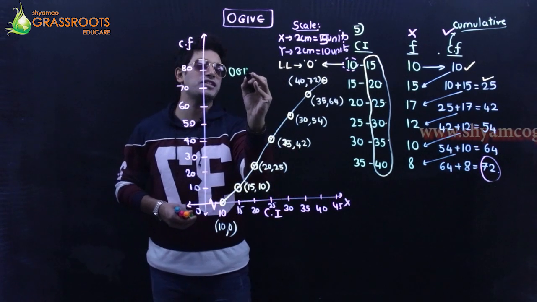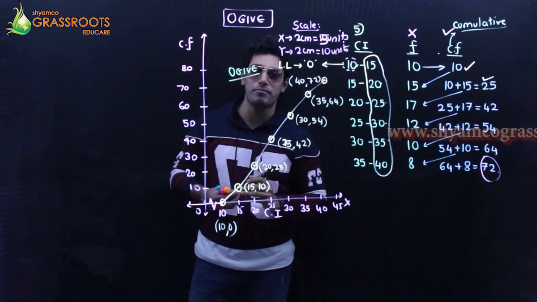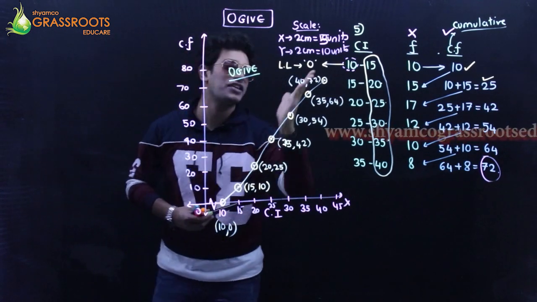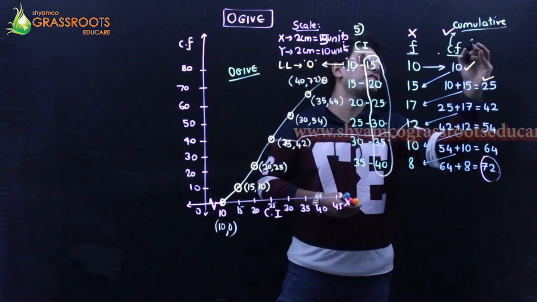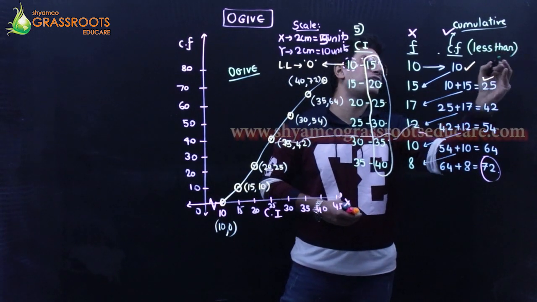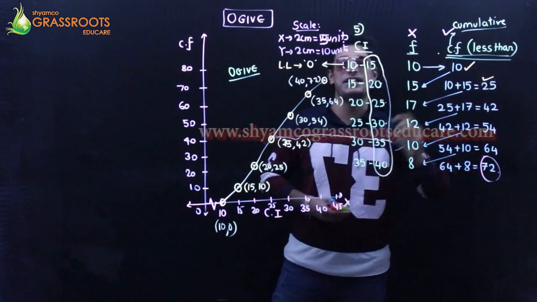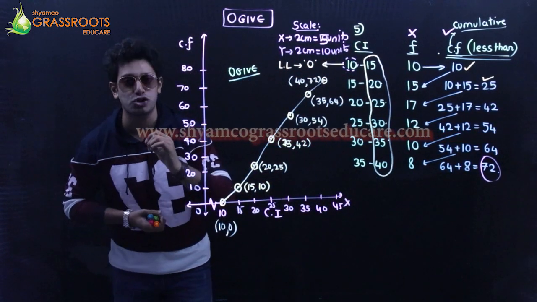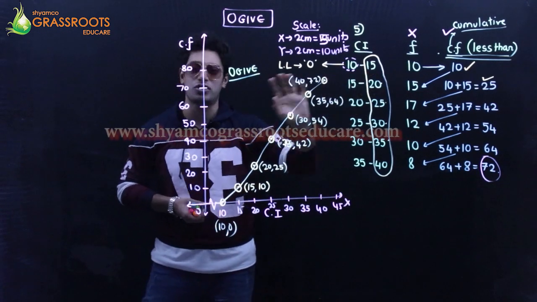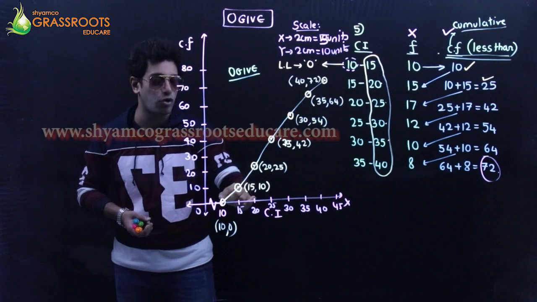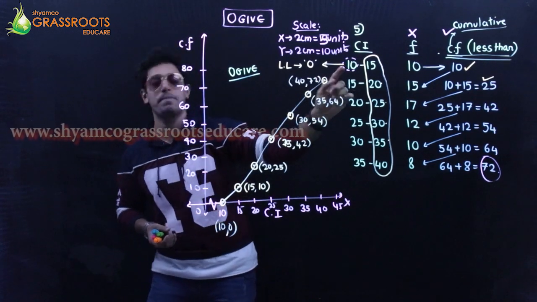What are the things we need to remember? First, it is always an increasing curve for a less than type of cumulative frequency. Second, always remember that the plot should be done from the upper limit, not the lower limit. The lower limit always starts from 0 of the first class interval.